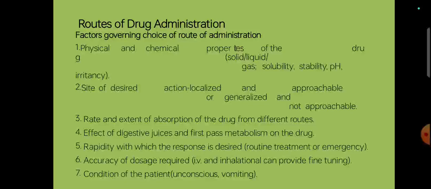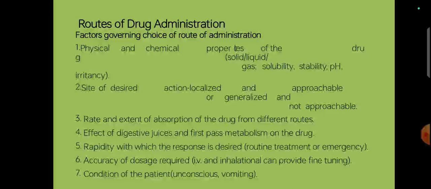These are the factors governing choice of route of administration. Physical and chemical properties of the drugs: solid, liquid, gas, solubility, stability, pH, and irritancy. Site of desired action: localized and approachable, or generalized or non-approachable.